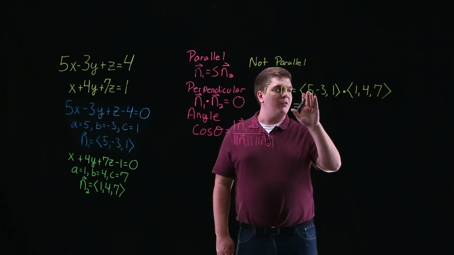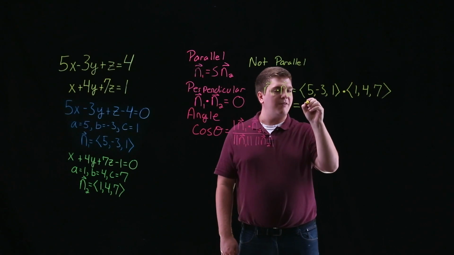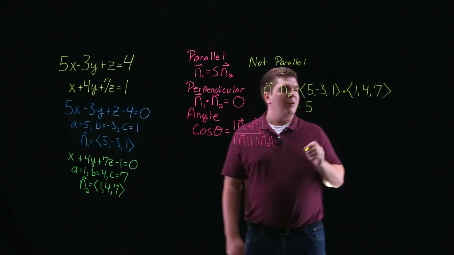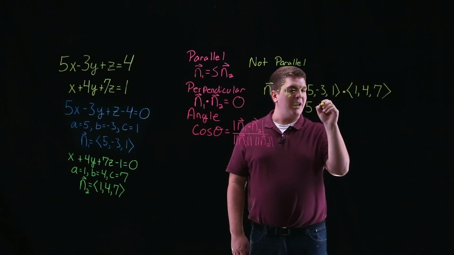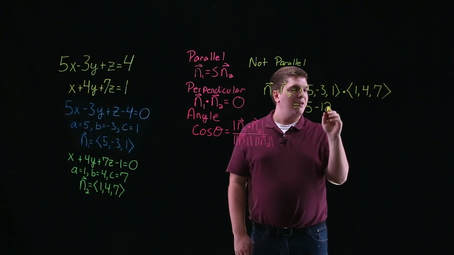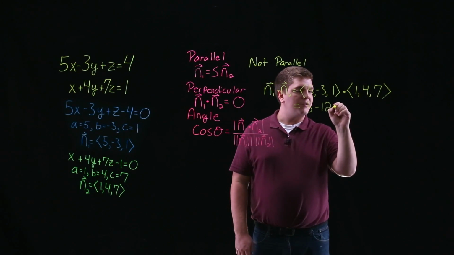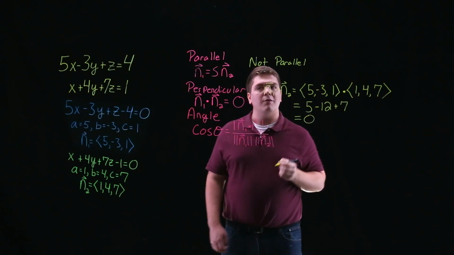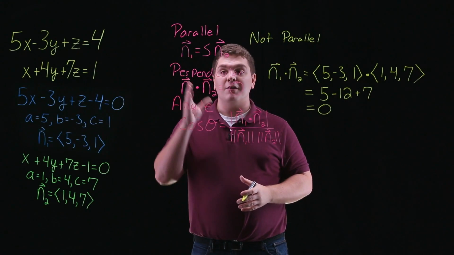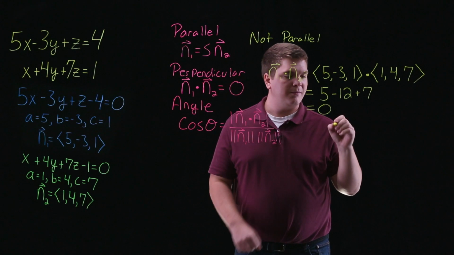So this dot product is going to be 5 times 1, which is 5, plus -3 times 4, which is going to be -12, plus 1 times 7, so plus 7. And here we see that this is equal to 0. So what this tells us is that our two planes are perpendicular.